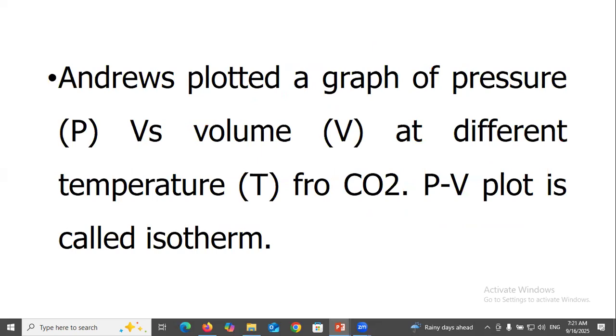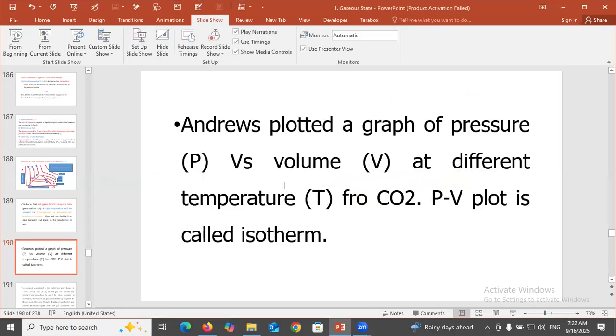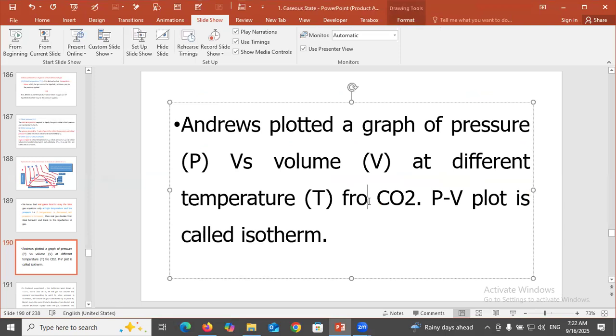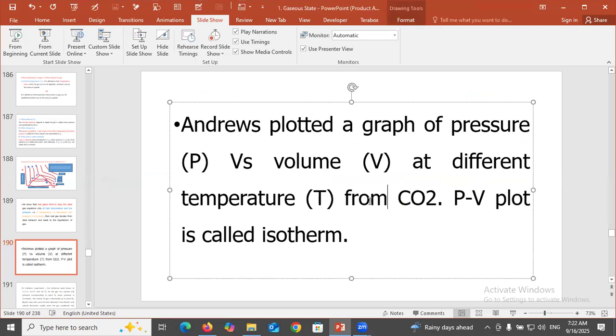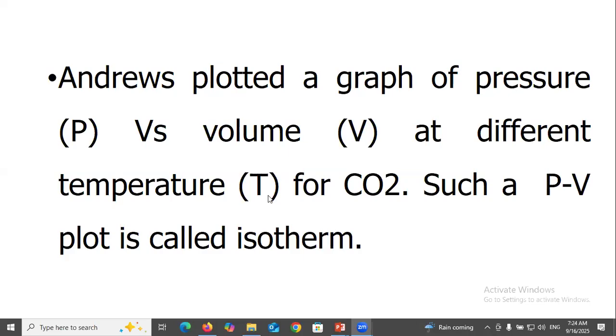And this plotted a graph of pressure P versus volume V at different temperatures T for carbon dioxide. Such a PV plot is called an isotherm.